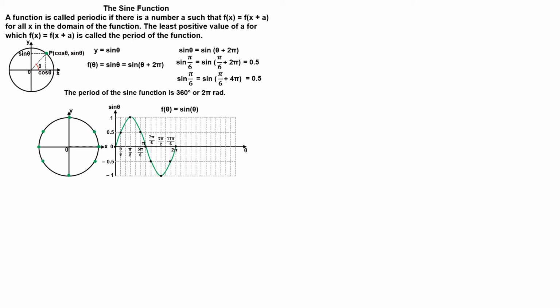Let's see how the sine function works from 2 pi to 4 pi. As we learned previously, we can think of this angle as a full 2 pi rotation plus an additional pi over 6 radians. Therefore, 13 pi over 6 is coterminal with pi over 6, and so on.